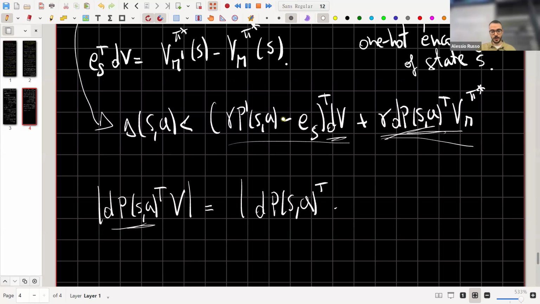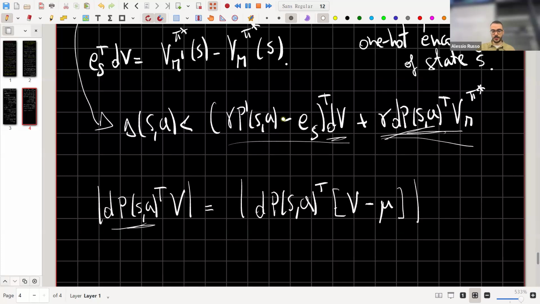So what we can do to gain advantage of this fact is to subtract a constant value. Let's call this constant mu from the value. And you can imagine this constant as a vector that is constant.